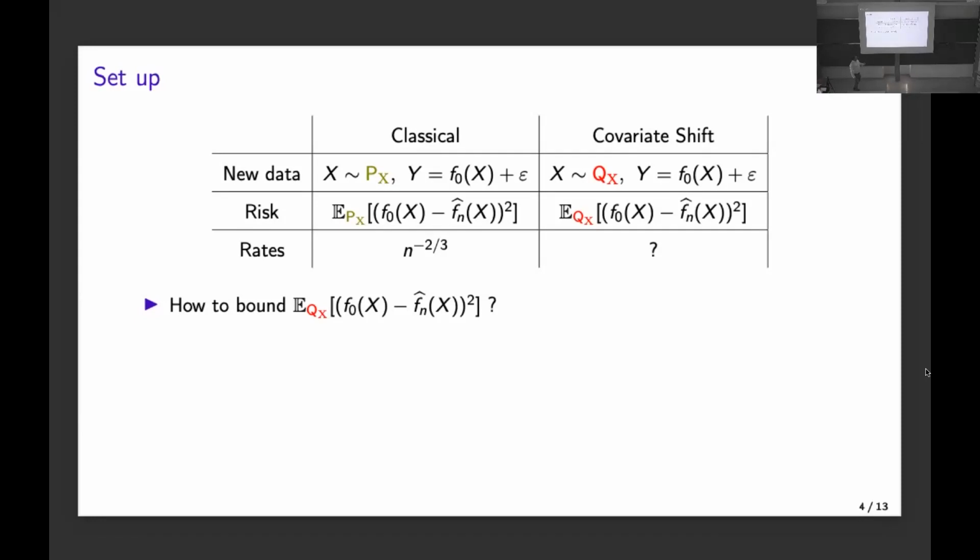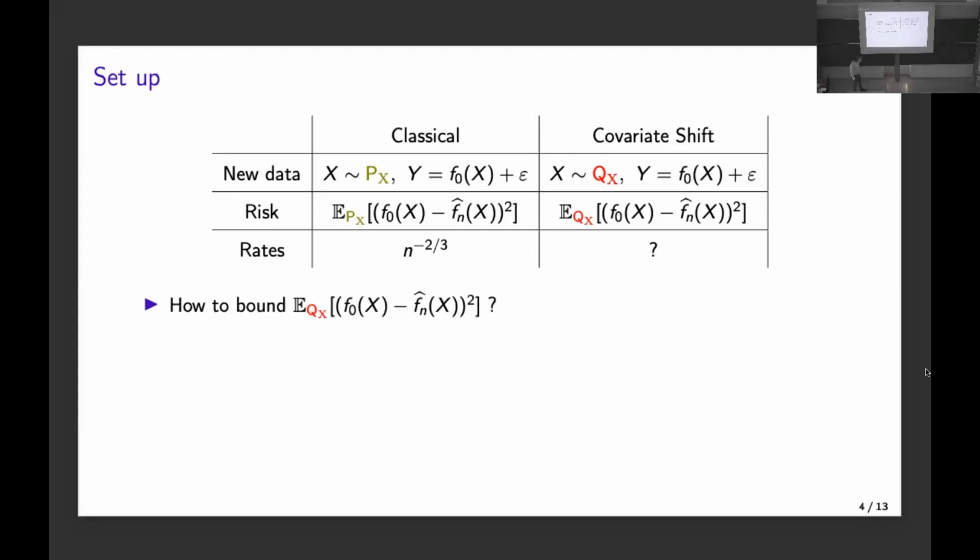And so in classical results, people analyze the risk with regards to the source distribution, so it's the L2 norm with regards to the source distribution. We want to analyze the L2 norm with regards to any distribution.